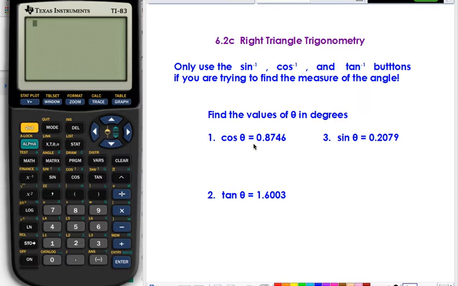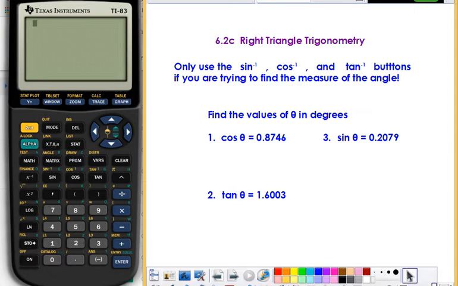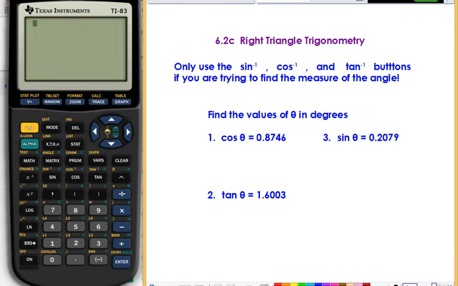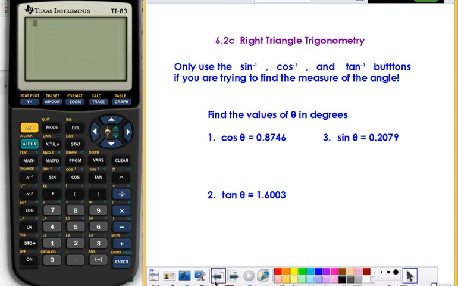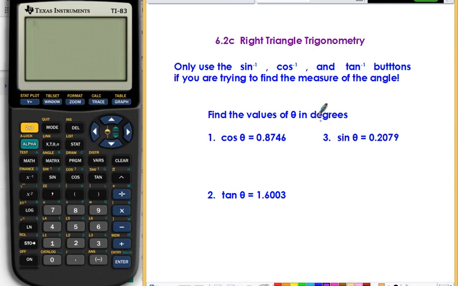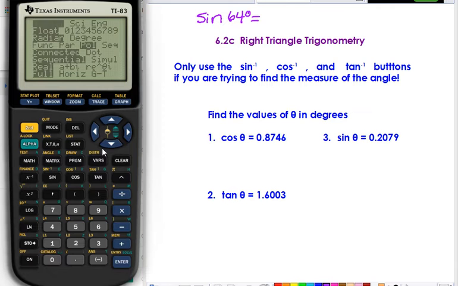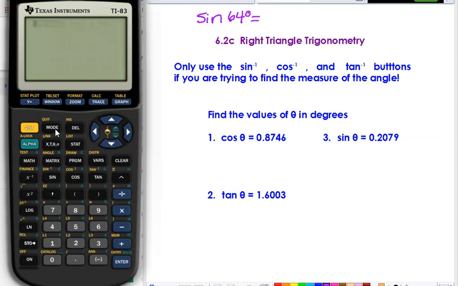First of all, let's make sure that you understand that we're going to be using a different feature on the calculator. If I type in the sine of 64 degrees, sine of 64, and make sure I'm in the correct mode, this is what we've been doing all week.